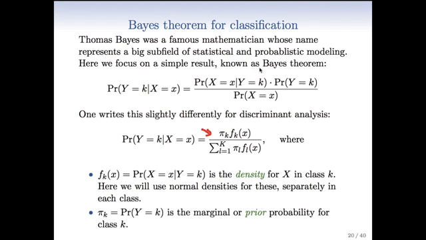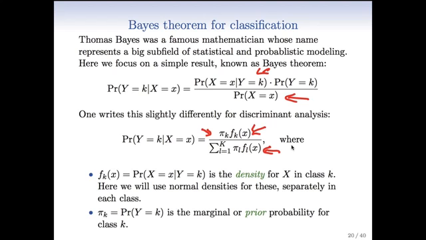The probability that X is x given Y equals k: if X is a quantitative variable, what we write for that is the density, the probability density function for X in class k. And then the marginal probability of X is just this expression over here, summing over all the classes. Okay?